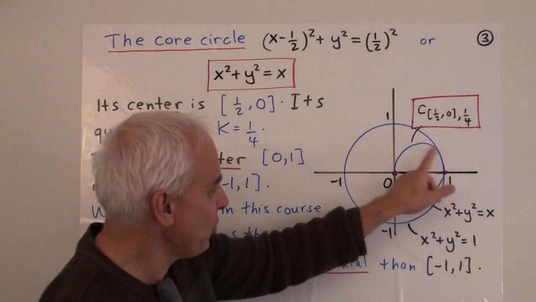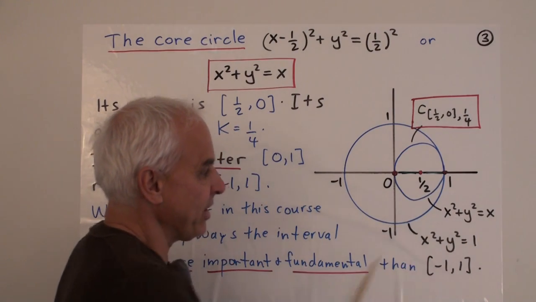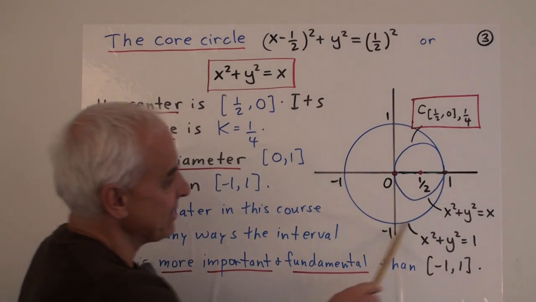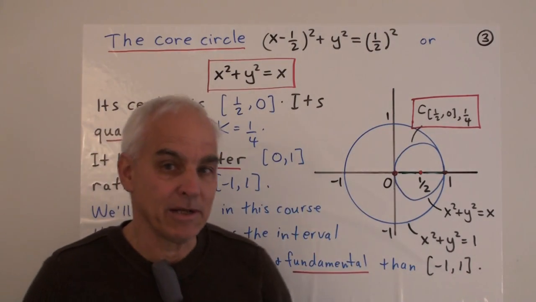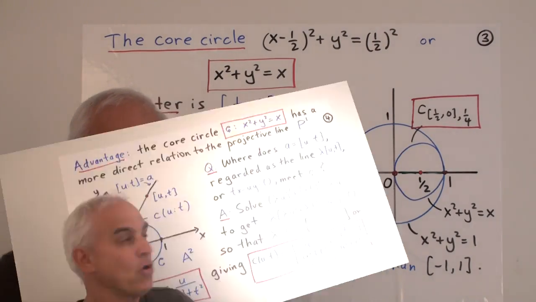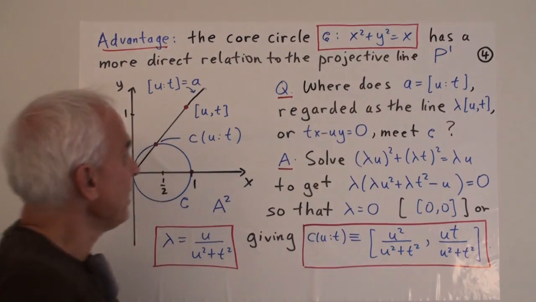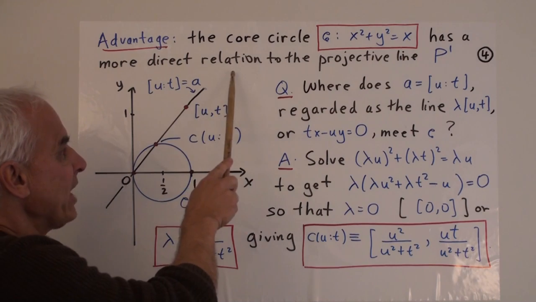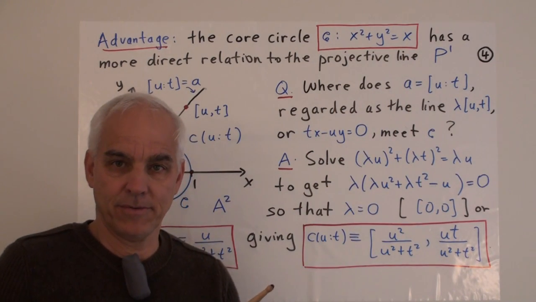So there's our new core circle with the equation x squared plus y squared equals x, sitting inside the unit circle. And now we want to study that core circle a little bit more carefully. One very noticeable advantage to this core circle is that it has a more direct relation to the projective line P1 that we've been talking a lot about.